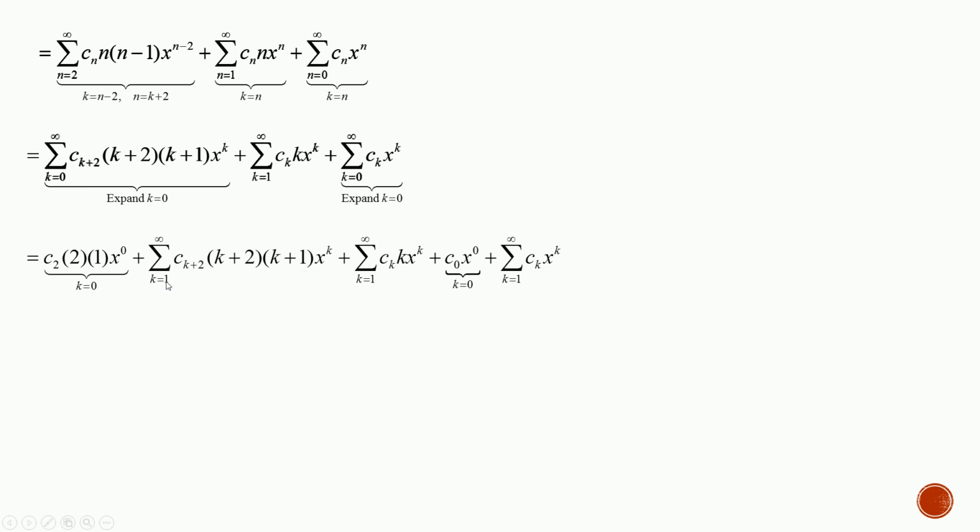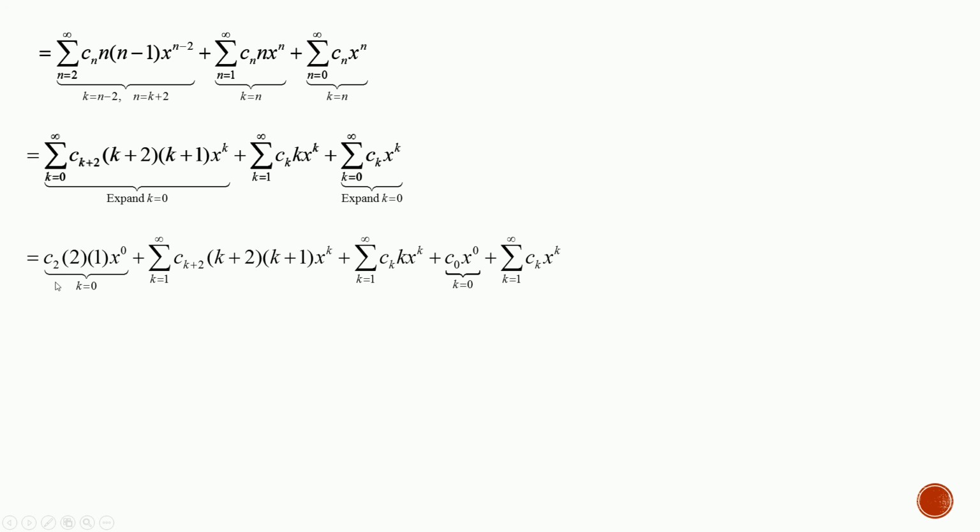Plus the sum as k goes from 1 to infinity of c sub k plus 2 times k plus 2 times k plus 1 times x to the k. The second term was fine, and so it's just copied. And on the third term, expand that k equals 0 to bring it out. And you get c sub 0 x to the 0, and then plus, and then increase that lower limit by 1. K equals 1 to infinity, c sub k x to the k.